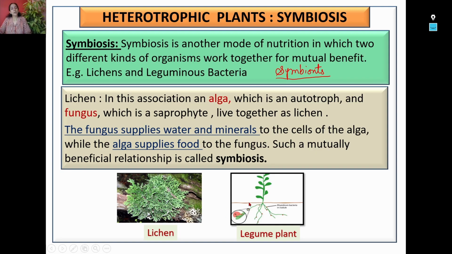So we have two examples of symbiosis from the plant kingdom. One is lichen, another is leguminous plants, which have a symbiotic association with one bacteria called rhizobium. Name of the bacterium is rhizobium.